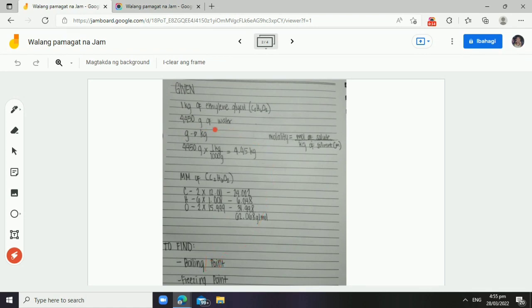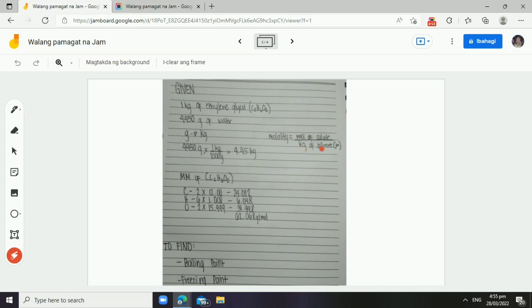Here we have a conversion of grams to kilograms because we need the molality. Kapag hahanapin ang boiling point and freezing point, molality yung kailangan. The formula for molality is moles of solute divided by kilograms of solvent.